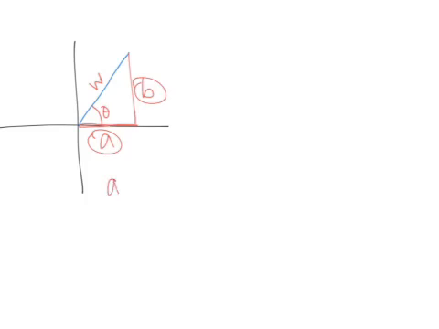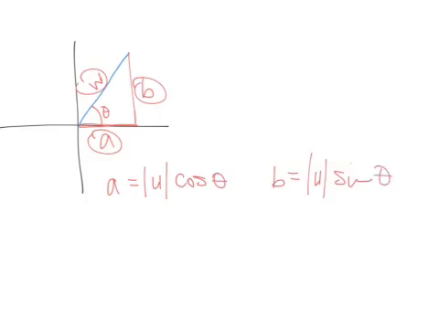So if you're looking for A, it is going to equal the absolute value of w, cosine of theta, and B is going to be, again, the absolute value of w, sine of theta. So this is the x value, and this is the y value, if you're given, let's say, the magnitude and the direction angle.